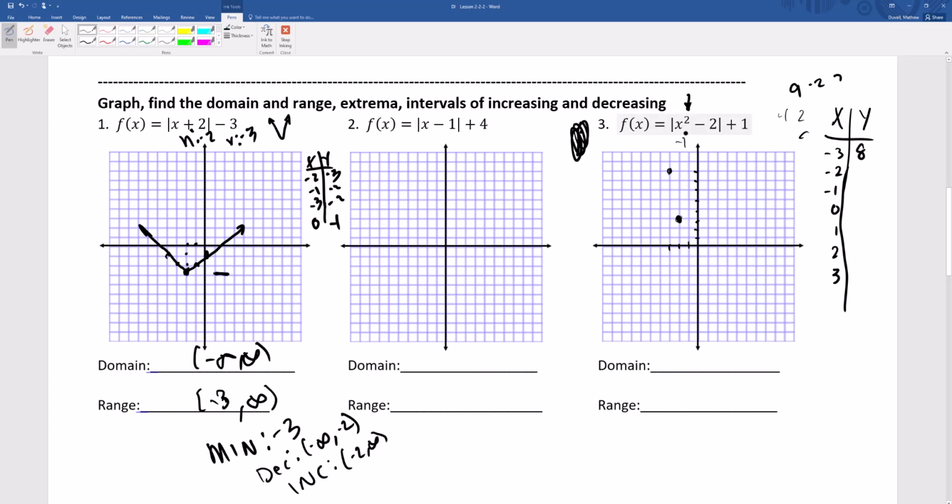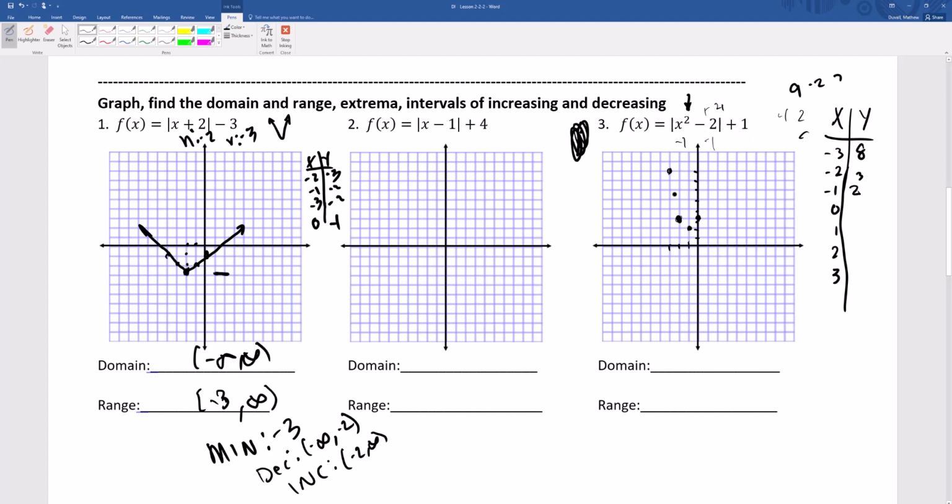At -1, 1 minus 2 is -1, but the absolute value of -1 is +1. So that's going to be 2. Interesting. It's kind of interesting what it's doing there. Okay. So now at 0, 0 minus 2 is -2, absolute value is +2, plus 1 is 3.